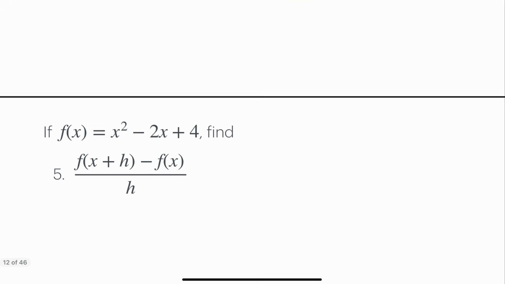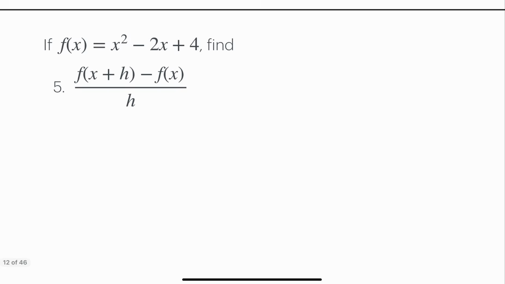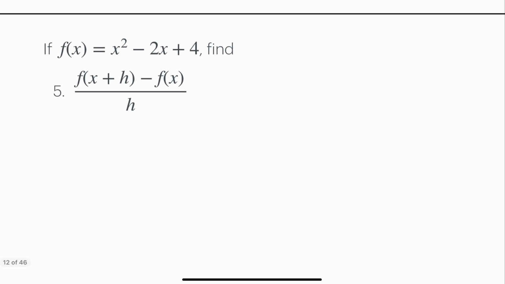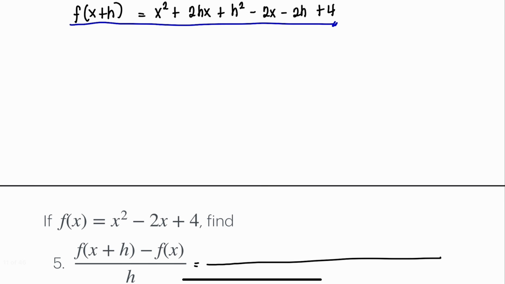Okay, number 5, if we are to find f of x plus h minus f of x all over h, we are simply going to perform this operation. And so we copy the fraction bar, substitute f of x plus h, but we have solved for this in the previous number, so we're simply going to copy that.